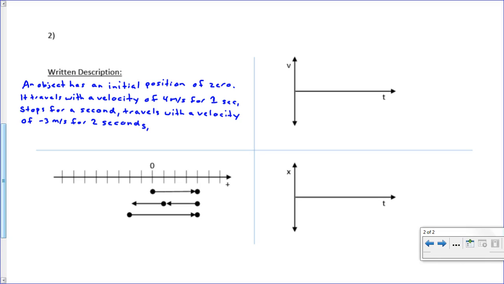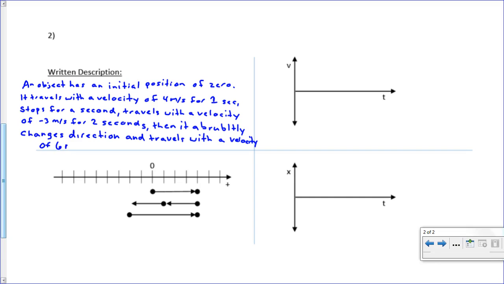There's not a dot on top of another dot, and it travels with a velocity of +6 meters per second for 1 second. All right, that was a long one.